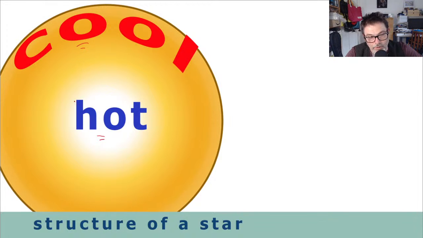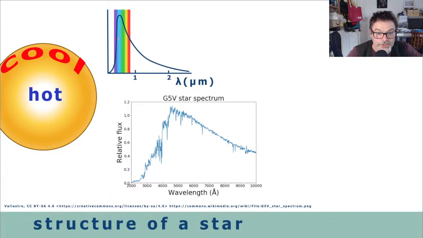Although I would not say go and touch the outside of a star because it's not cool, relatively speaking it is cool compared to the inside. So let's shrink our star down, looking at the top diagram.